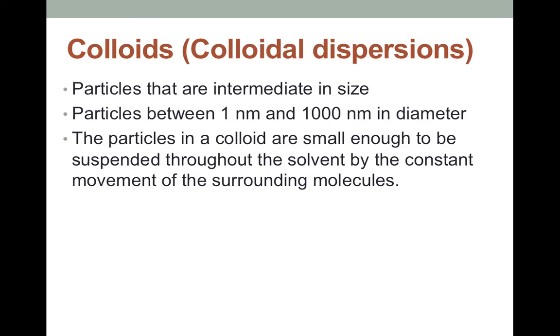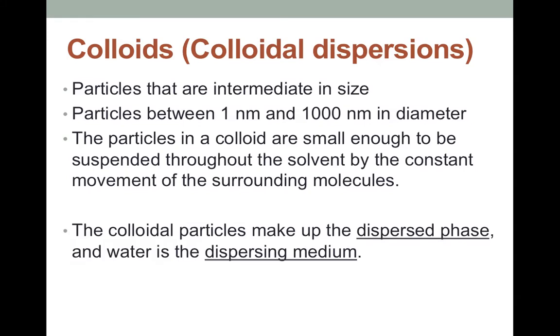They will not sink if you let it sit there. Okay, and the colloidal particles make up the dispersed phase, and the water is the dispersing medium. So it's kind of like solute and solvent, but instead we say dispersed phase and dispersing medium.